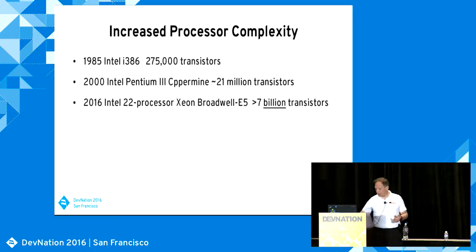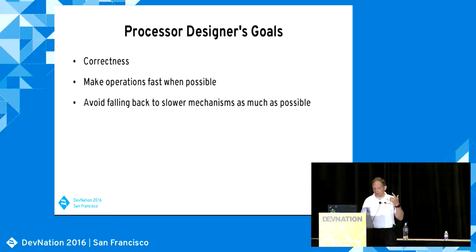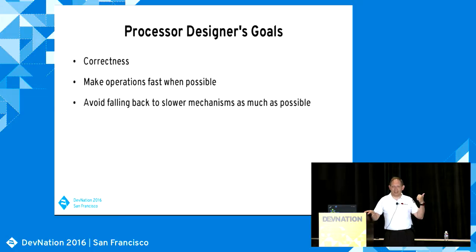And all these processor designers are thinking, OK, what are my goals when I have all these transistors? OK, first thing is correctness. It sucks when your processor doesn't compute things correctly, right? People can probably remember some examples of processor manufacturers where the floating point didn't work correctly, and that caused problems.